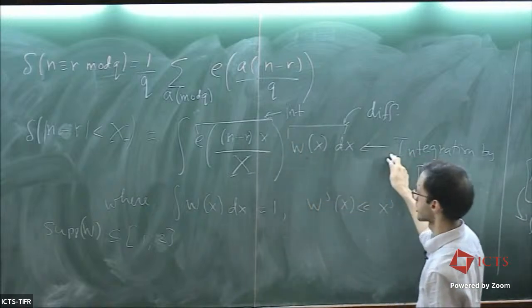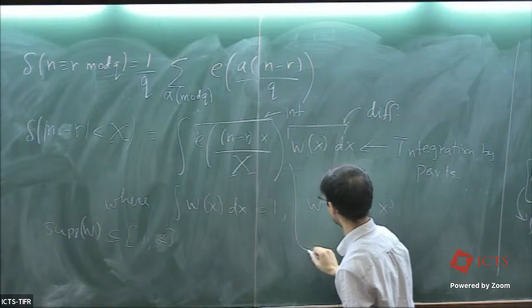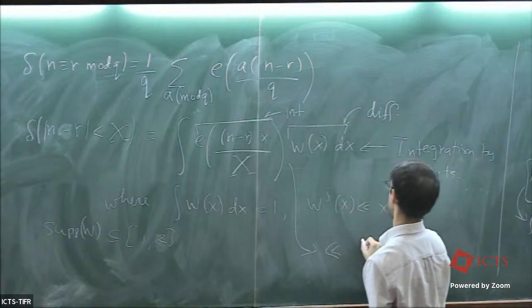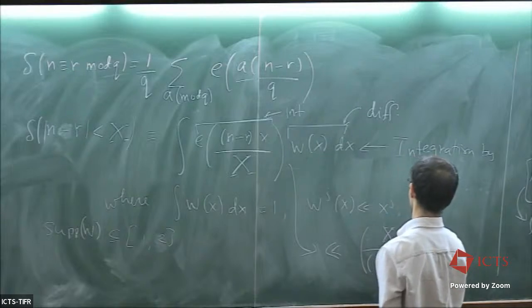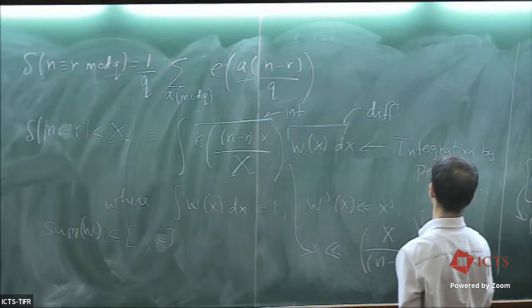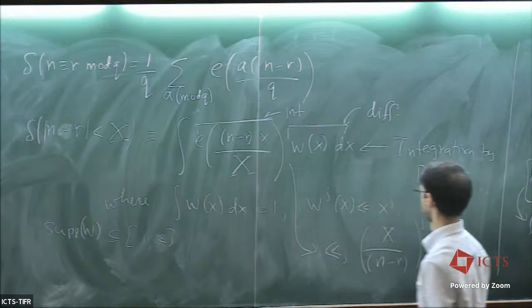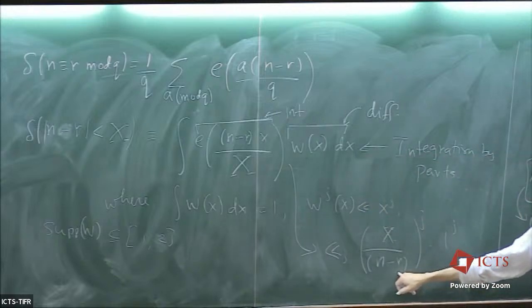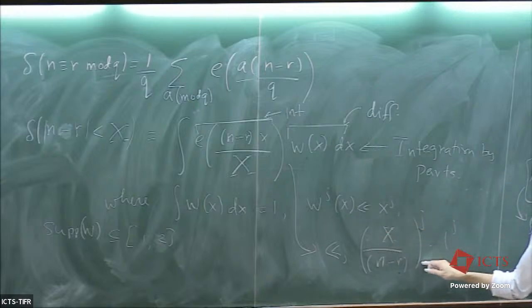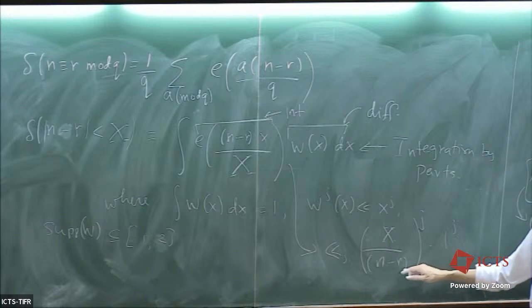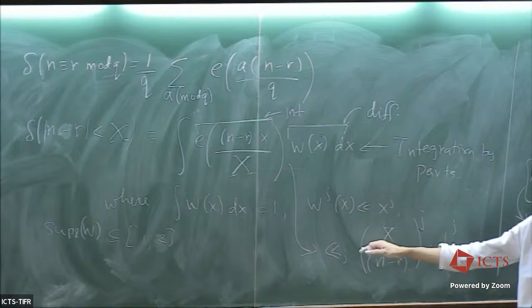Right? So if you do integration by parts, all of this is going to be bounded by powers of the reciprocal times this. So if n minus r is too big, let's say it is bigger than x to the 1 plus epsilon, then you end up getting negative powers of x right here, so that this is going to be arbitrarily small. Okay. So it just means that n minus r has to be less than x to some power.